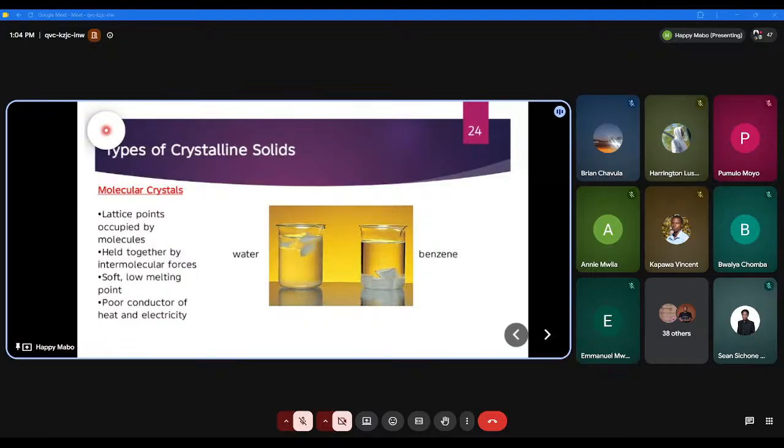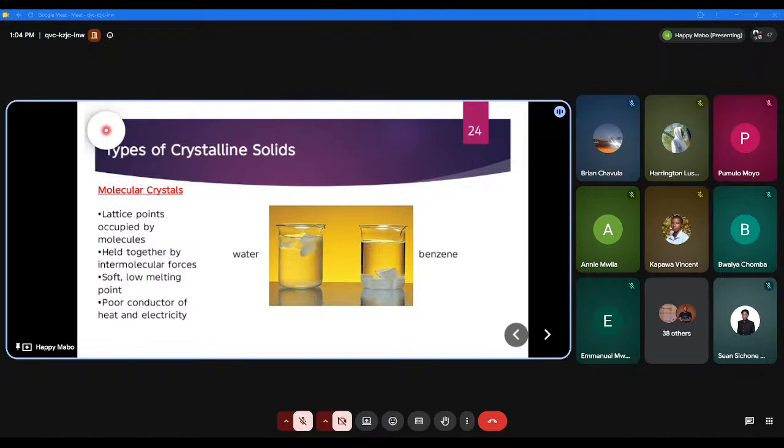Inside the molecule, you have got strong covalent bonds that are holding the atoms together. Then the molecules are held together in the structure by intermolecular forces.